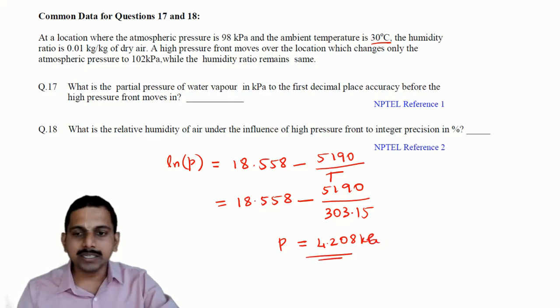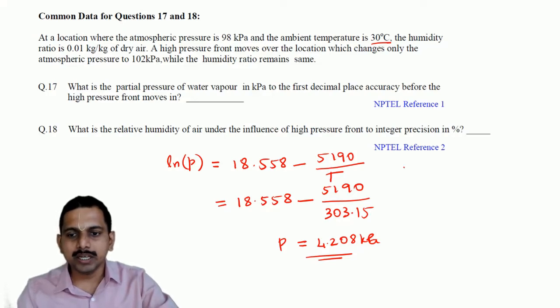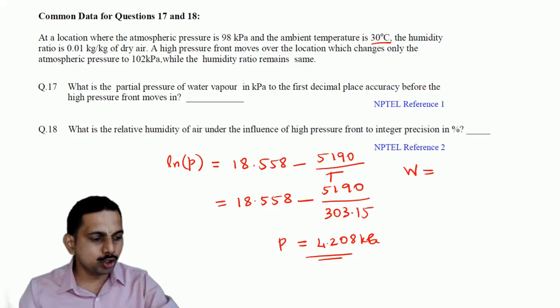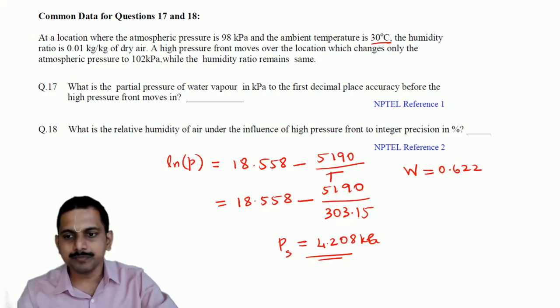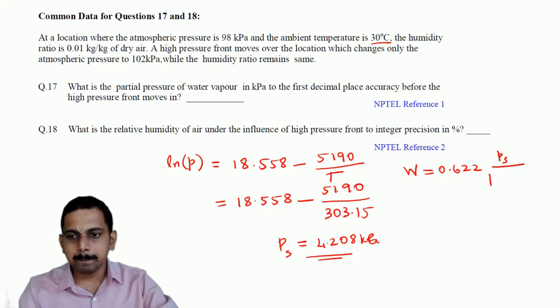Once we get that, we can calculate the humidity ratio when it is fully saturated. The humidity ratio at saturation is 0.622 into PS, the saturation pressure, divided by P total minus P saturation.